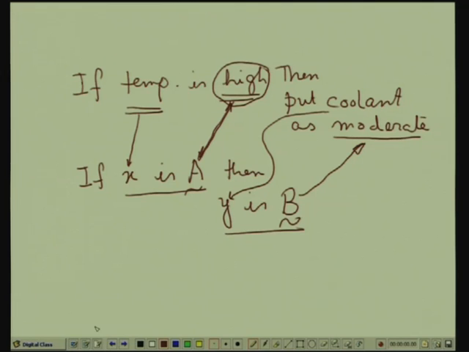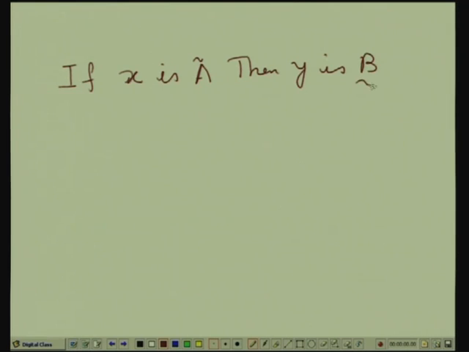Now, the question is, if I have a rule like this: if x is A, where A is a fuzzy set, then y is B, right, this is another fuzzy set. I have to evaluate, in order to fire this rule in the form of forward chaining, I have to first evaluate this antecedent, and earlier we found that this antecedent usually evaluated to true or false.